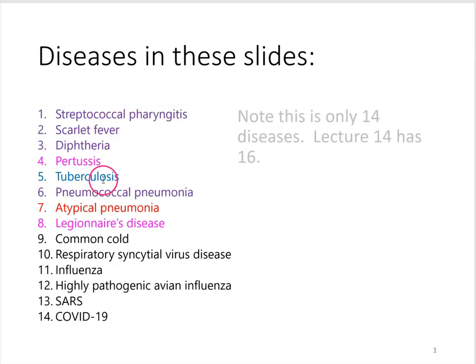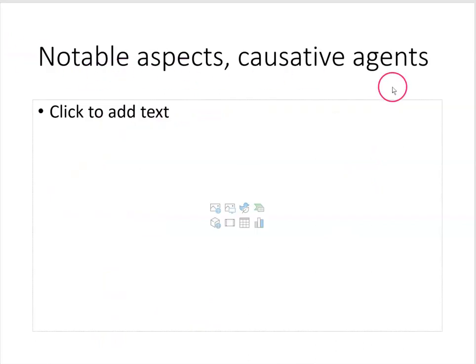So again, this is the list of diseases. Did we get them all? Yeah. And again, what I was telling you today is notable aspects and causative agents. I didn't really go into signs and symptoms. I didn't usually go into how they spread. I didn't really go into the outcomes in every case.